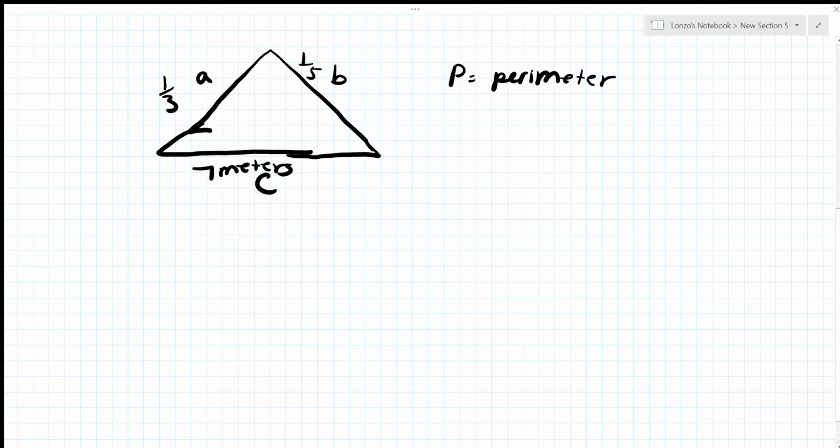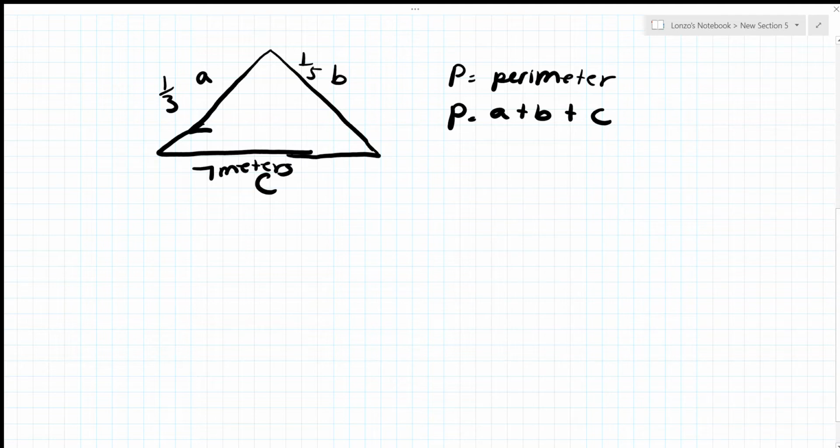And remember how to find perimeter: you always have to add all the sides. So we're going to add A plus B plus C, because that's just finding the perimeter. You add all the sides.